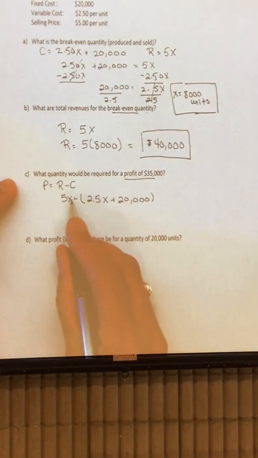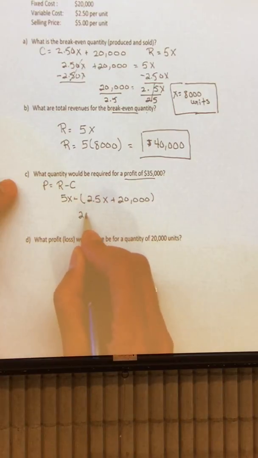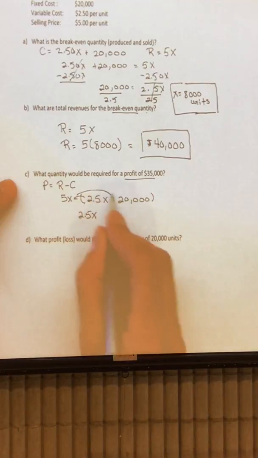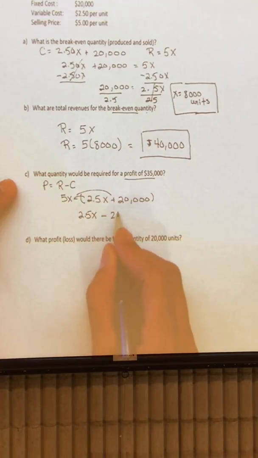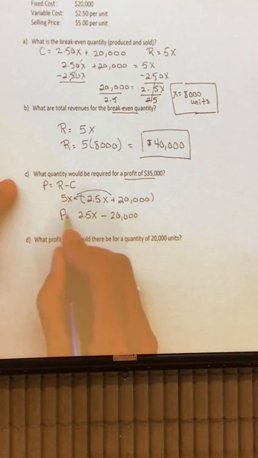Distributing the negative, we have 5x minus 2.5x, which is 2.5x. And then the negative is distributed to the 20,000, so that makes it minus 20,000. And this is our profit equation.